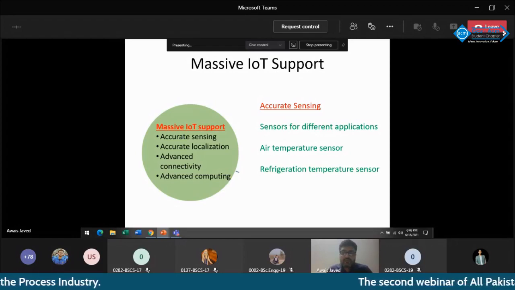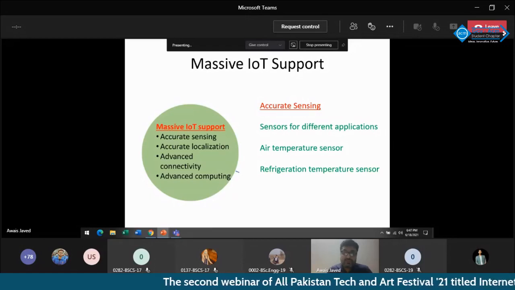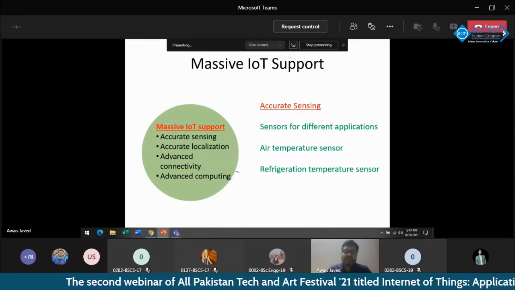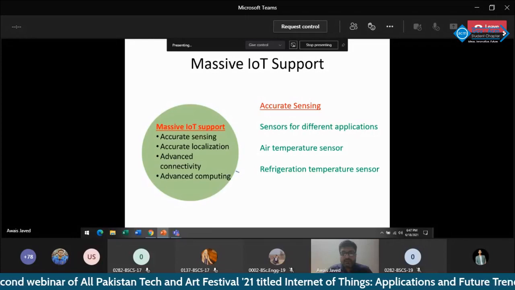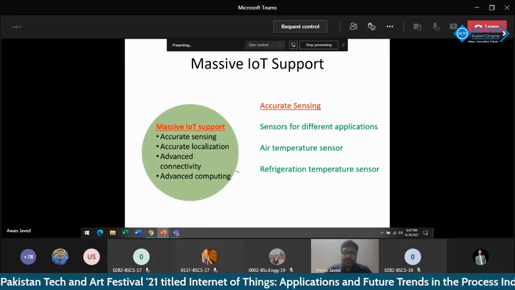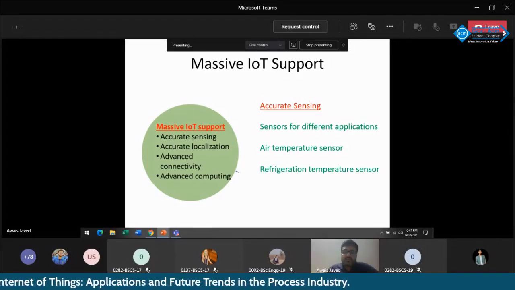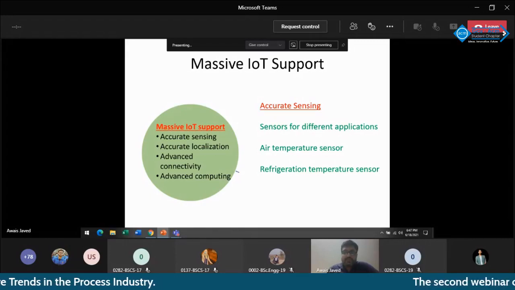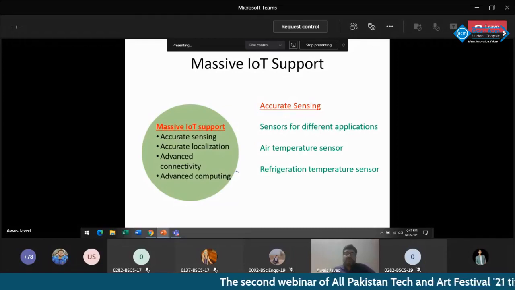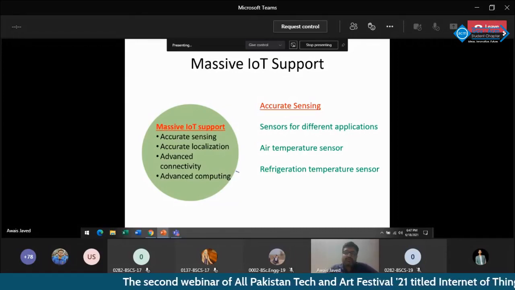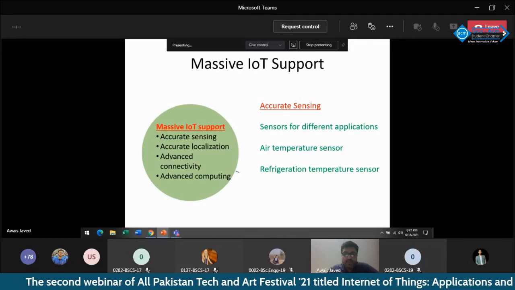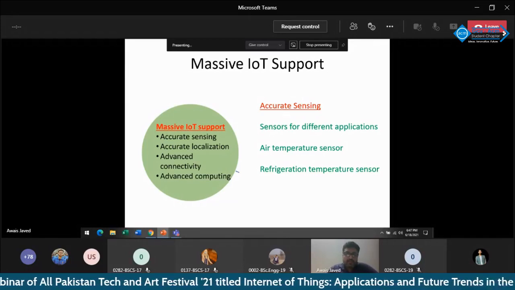But if you are monitoring the temperature in a refrigeration setting, or for example in a heat exchanger, that temperature sensor would be different, it should be more resilient, and its working would be different. So accurate sensing is a very important aspect. Similarly, not only in industry but also in healthcare, you would need a lot of accurate sensors, and accurate sensing is a very important aspect.